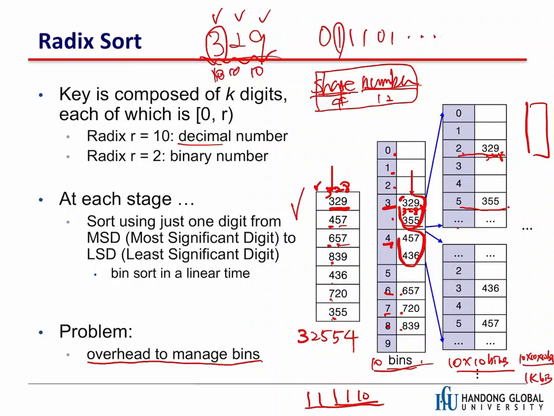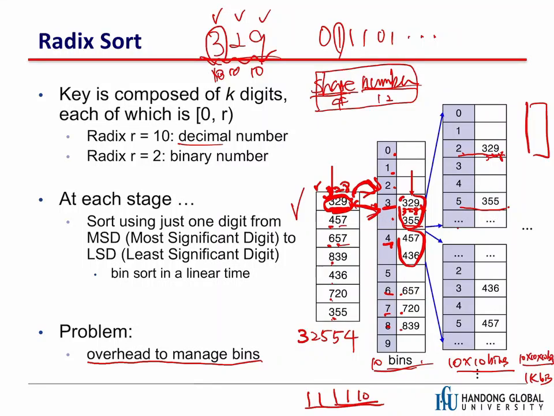Okay, so if we sort from the most significant digit to the least significant digit, then every time, from this stage, for the first stage, how much computational cost do we need? It's just linear time. Why is that? When we read this number, when we check the first digit, we can put this one into this bin, and we know where the bin is.